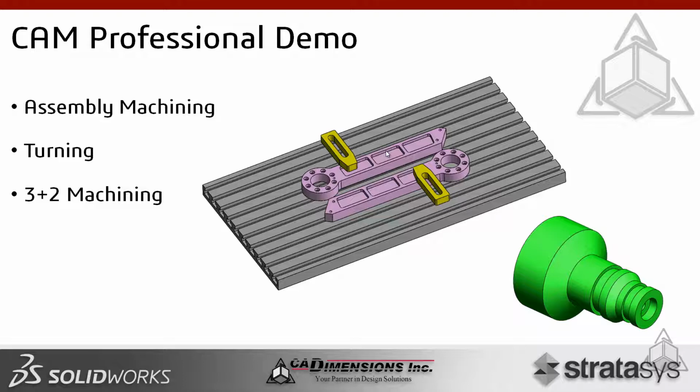What it does is take the setups that you create, and when it posts out, it allows the post to adjust your different axes, like if you have a rotary table, it will allow it to spin or move the part. I can't physically show you 3+2, but you kind of get the gist. So let's start off by discussing assembly machining.